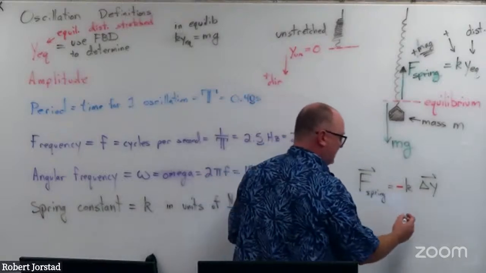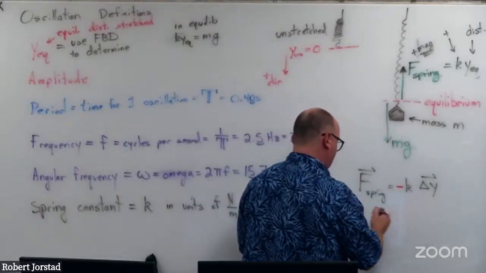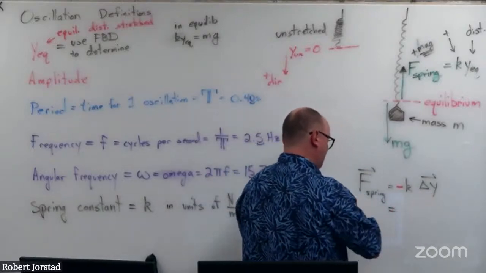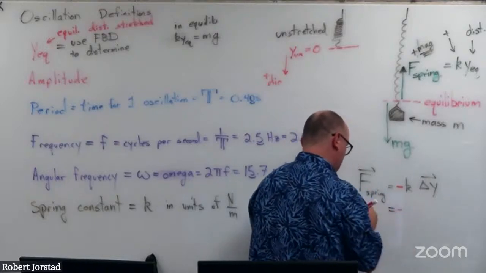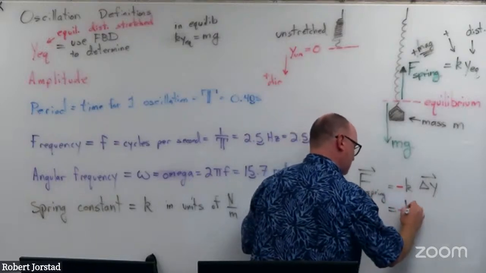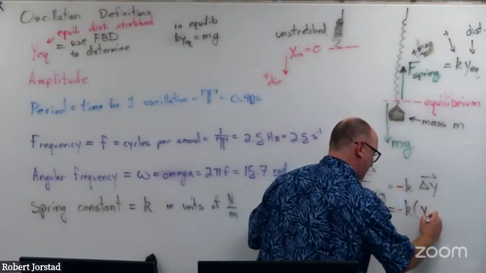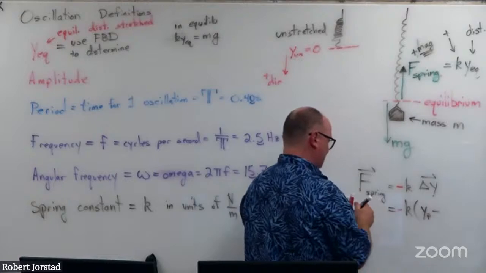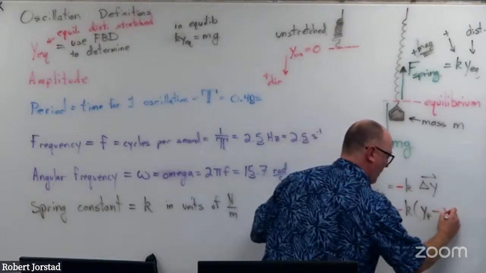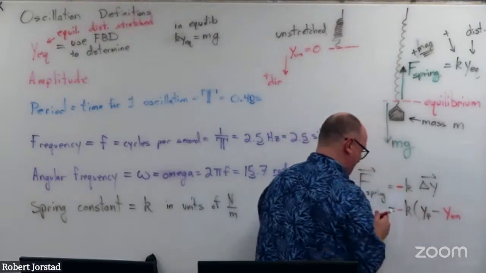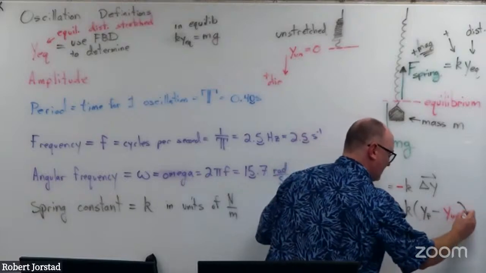So in this case, delta y becomes, we'll call it y final minus y un.